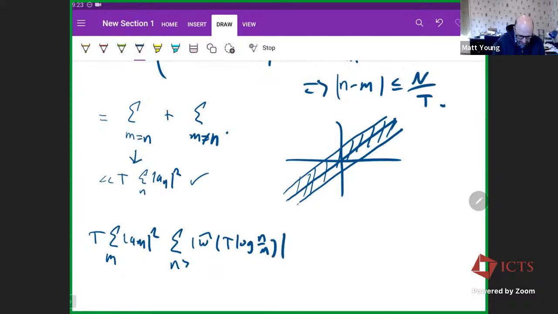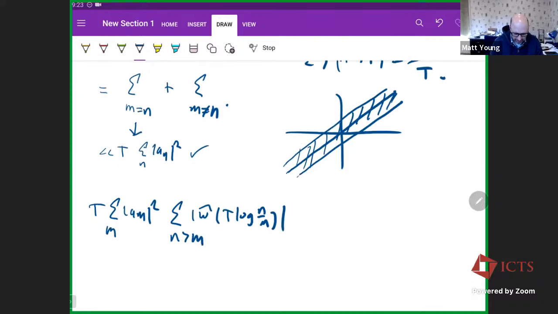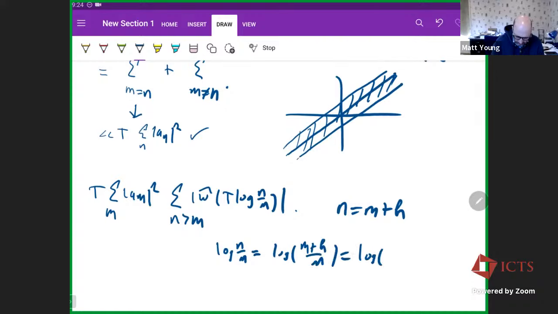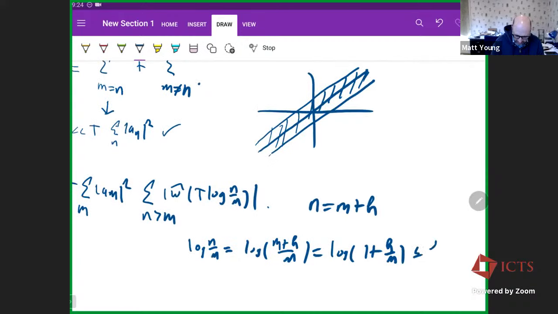By symmetry, look at n bigger than m. So if n equals m plus h, then the log n over m is log of (m plus h) over m, which is log of 1 plus h over m, and this is at most h over m.